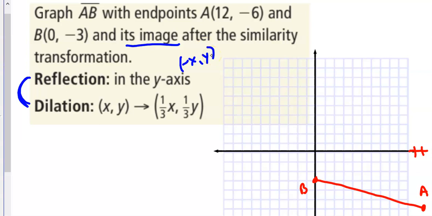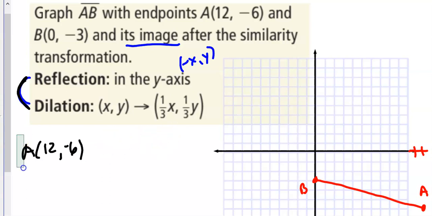Like we've talked about before, you can do this in two steps. You can do the reflection first, take your endpoint 12, -6, do a prime with your reflection, then go over to a double prime. Or you could just combine these two together, combining the dilation of a third.